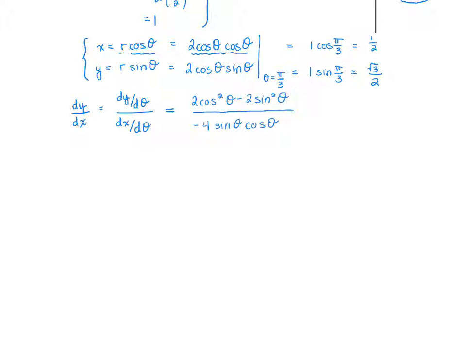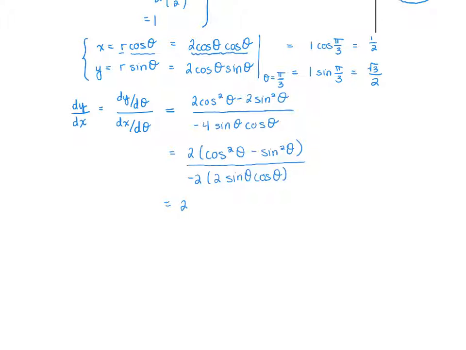Now we can just plug in theta equals pi over 3 right now, but that's a lot of work. That's too many opportunities to make mistakes, if you ask me. So I'm going to collapse this a little bit. This is 2 times cosine squared theta minus sine squared theta, and this is negative 2 times 2 sine theta cosine theta down here. So I'm going to use my double angle identities again, just like I did on the previous page.